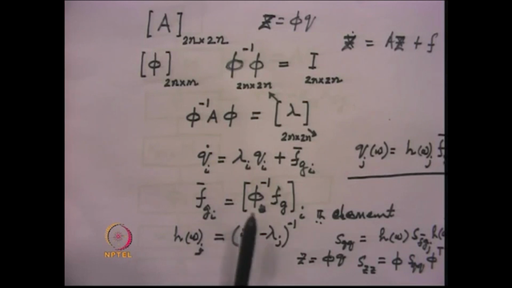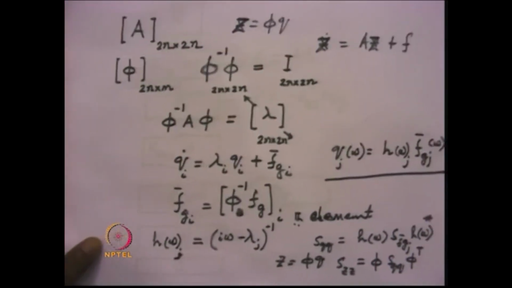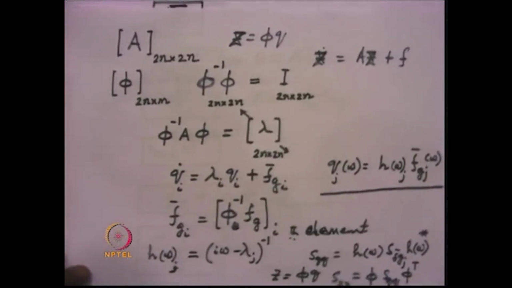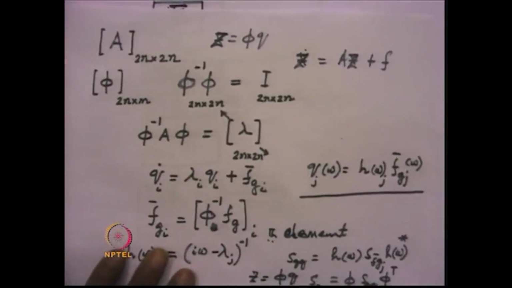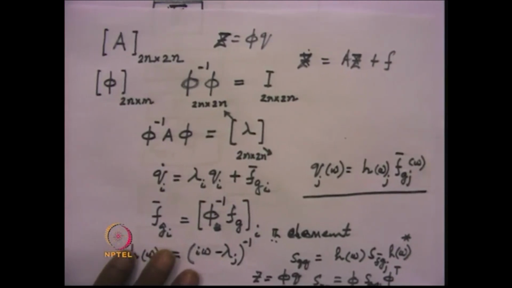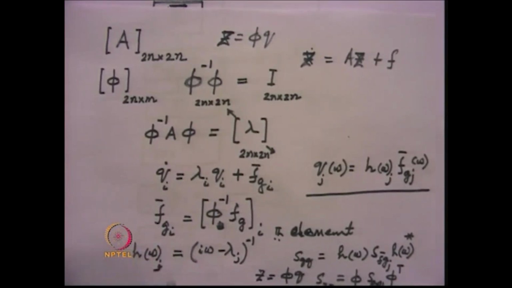And once we have this relationship, that is F bar G is equal to phi inverse Fg, then one can find out the power spectral density function of F bar G simply by finding out SFG and pre-multiply it by phi inverse, and then post multiply it by phi inverse t.